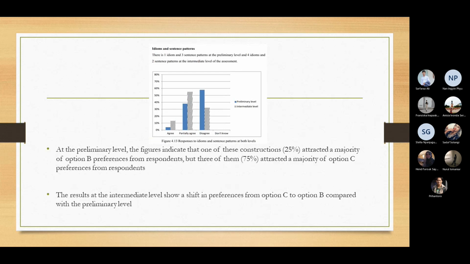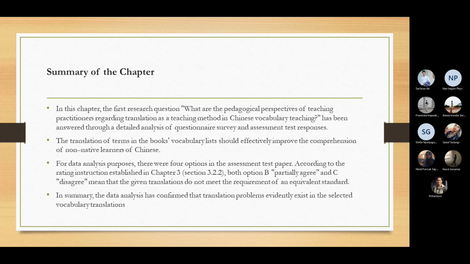And the idioms in this regard were in certain patterns: there were 4 idioms and then 2 sentences. So for the summary of the chapter, I will just read the main important bullet point: the analysis has confirmed that the translation problems evidently exist, and they were found in the selected vocabulary: nouns, pronouns, verbs, adjectives, and adverbs.